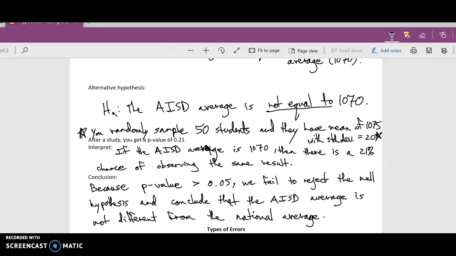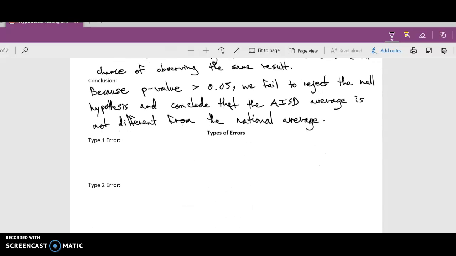Okay, types of errors. And this can be kind of confusing. So let's see. A type 1 error is if we reject the null when it's actually true. Because remember, we're making educated guesses. And so sometimes we're going to be wrong, right?